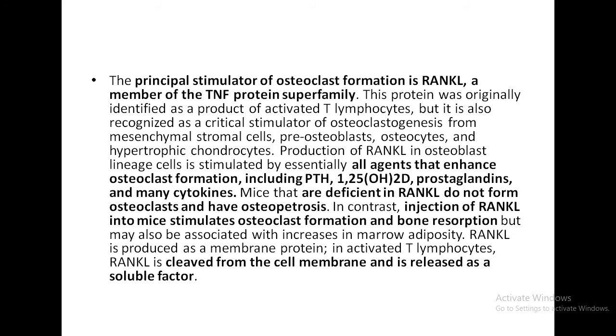Mice that have no RANKL, that are RANKL deficient, do not form osteoclasts and they have osteoporosis. And if mice are injected with RANKL, it stimulates osteoclast formation and bone resorption.